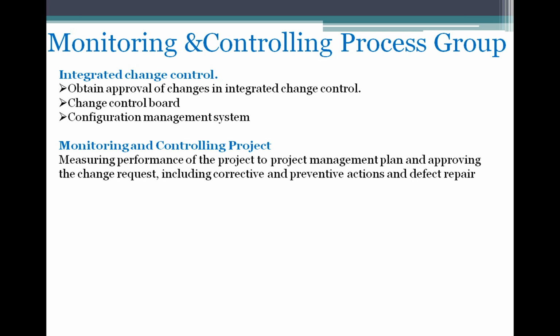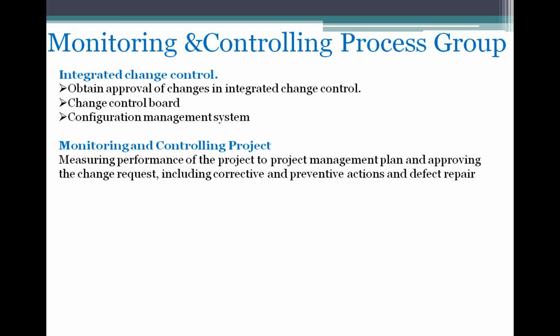So monitoring and controlling the project is mainly about the project manager: when the team is busy doing their work, the project manager spends most of the time monitoring and controlling the project to the project management baseline. He frequently measures the performance of the project against the project management plan, and approves change requests, including corrective, preventive and defect repairs.